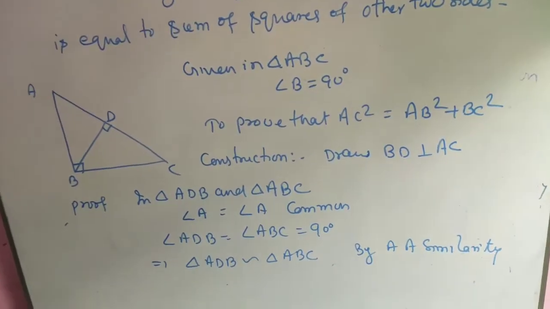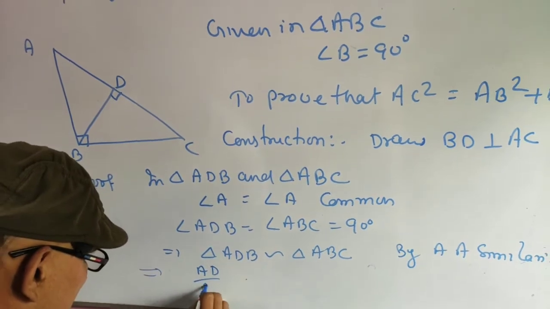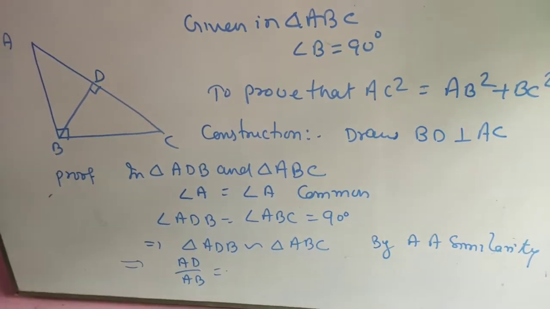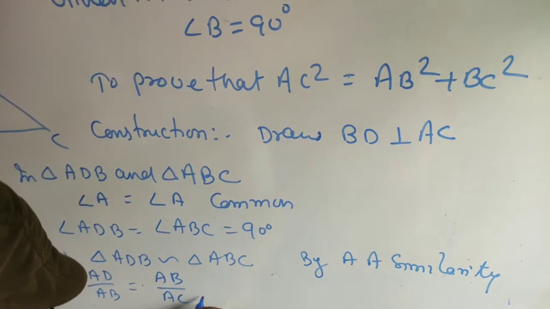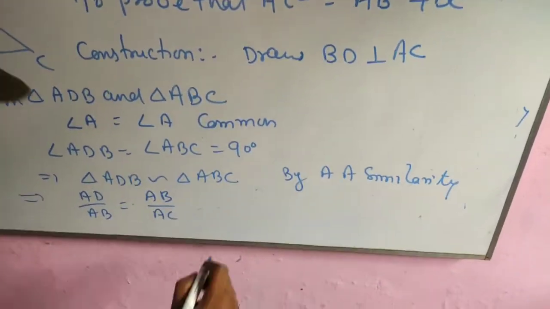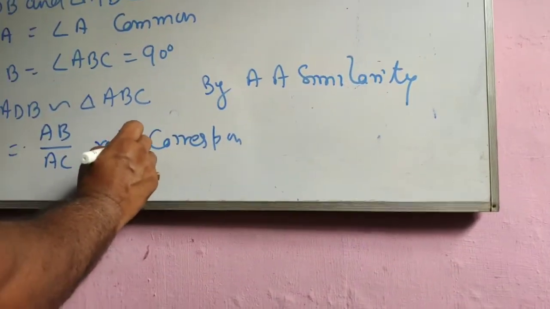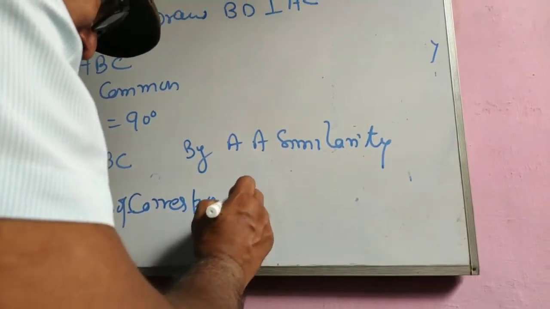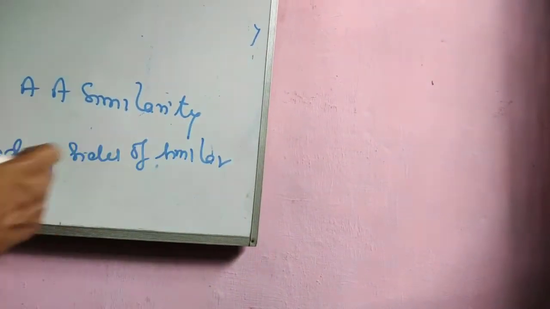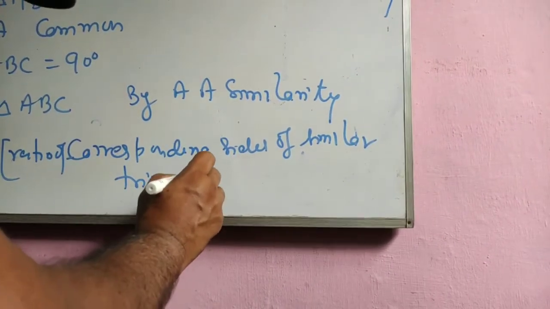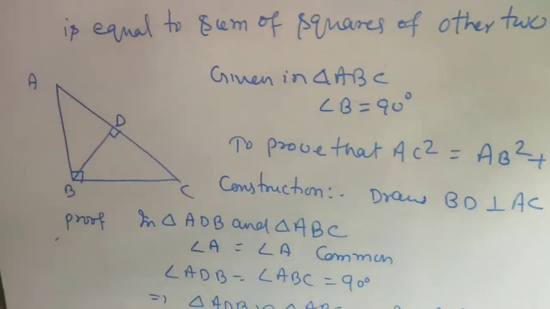Now AD by AB is equal to AB by AC, which implies, as we have used in similar triangles, the ratio of corresponding sides of similar triangles are equal.